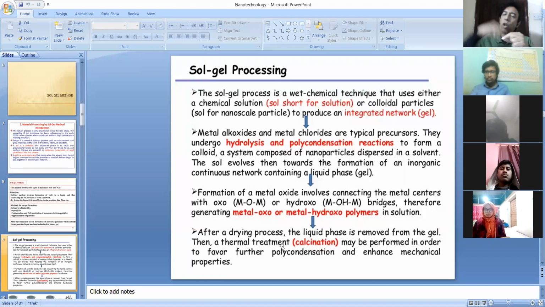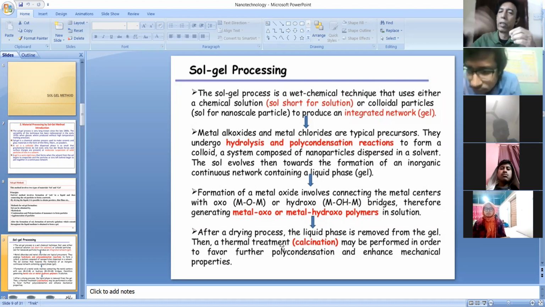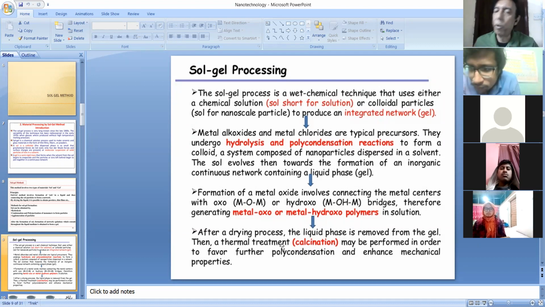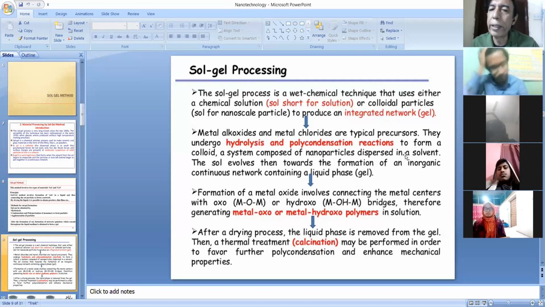That means sol is dispersed in the solvent. What is colloid? A system composed of nanoparticles dispersed in solvent.